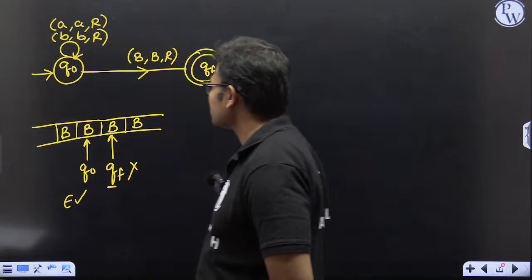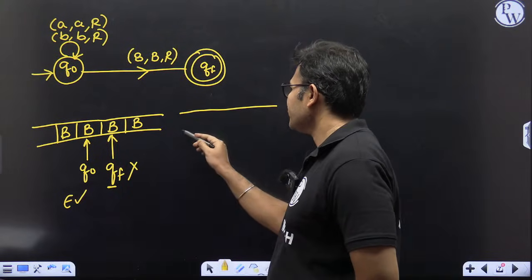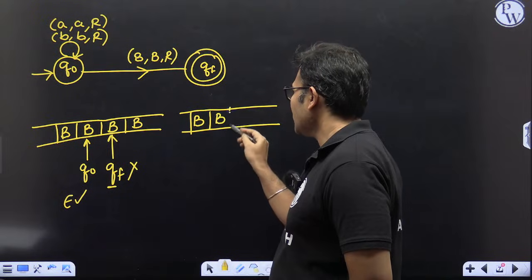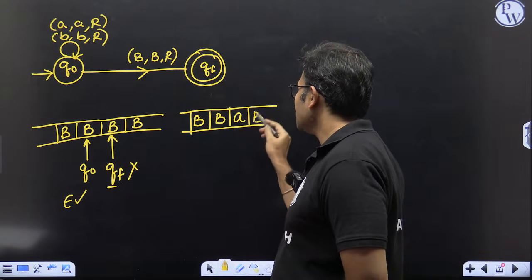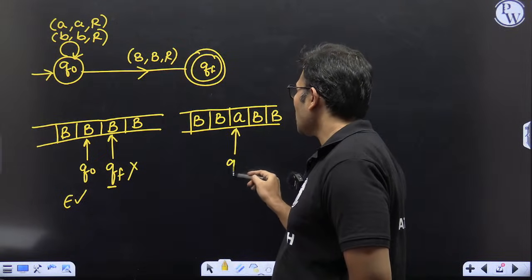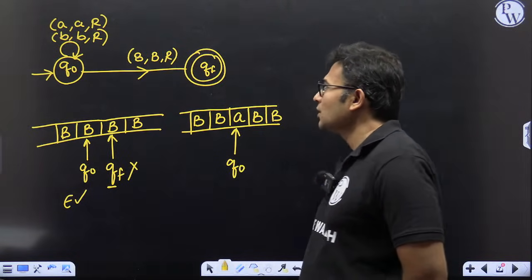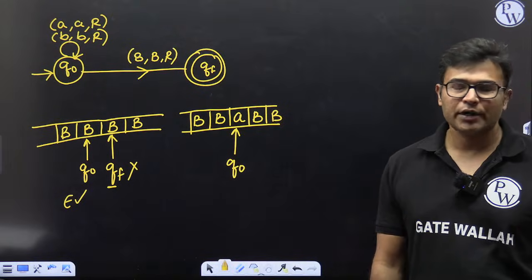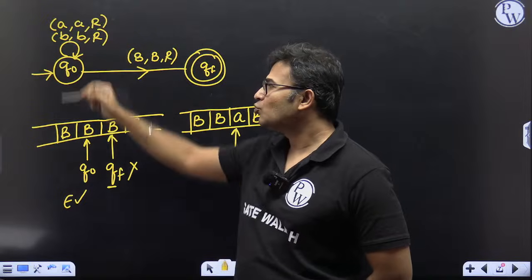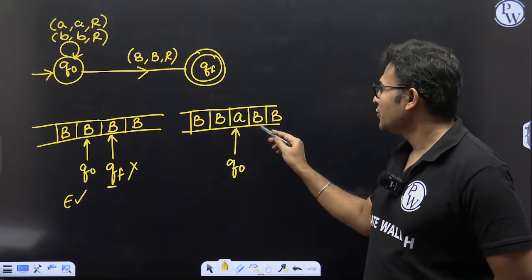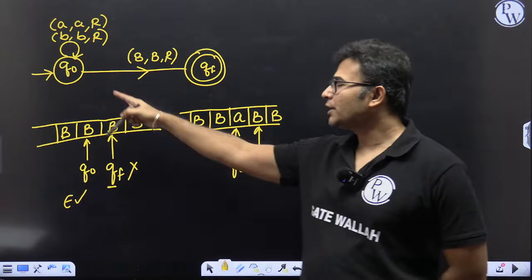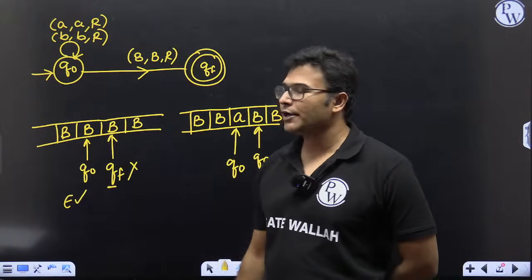So take A and see what happens. There is blank, there is blank, there is A, there is blank, there is blank. Initially you are in state Q0. Q0 on seeing A leaves it as A and moves right. It will be in state Q0 only, but the Turing machine will move right.